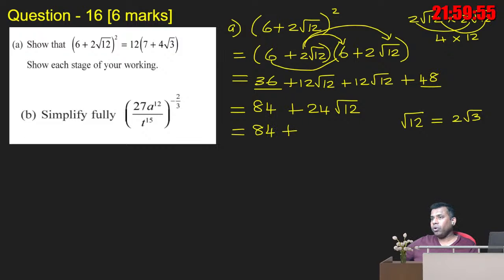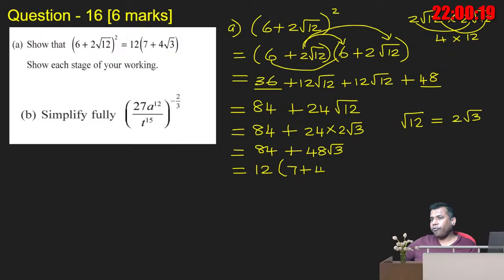So 84 plus 24 times 2 root 3, so 84 plus 48 root 3. Now we can take the 12 out: 7 plus 4 root 3. So that is the answer they ask you to prove. We already got the same answer.